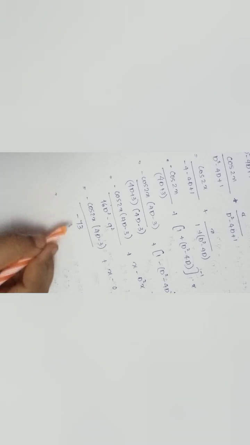Okay, so this will become, we can open the bracket also, this minus and minus cancel, so (4D cos 2x minus 3 cos 2x) divided by 73, plus x plus 4. Now derivative of cos 2x is minus 2 sin 2x, so this will become (minus 8 sin 2x minus 3 cos 2x) into 1 by 73, into this, plus x plus 4.